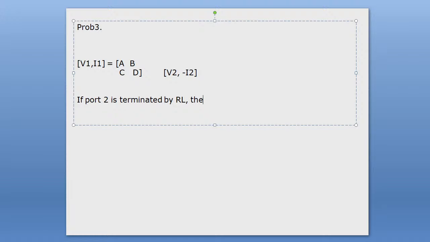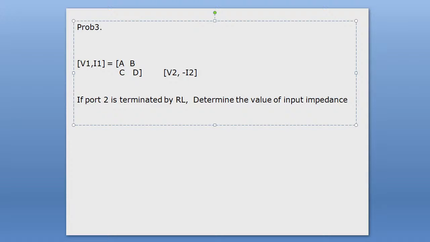If port 2 is terminated by RL, determine the value of input impedance, or input driving point impedance.